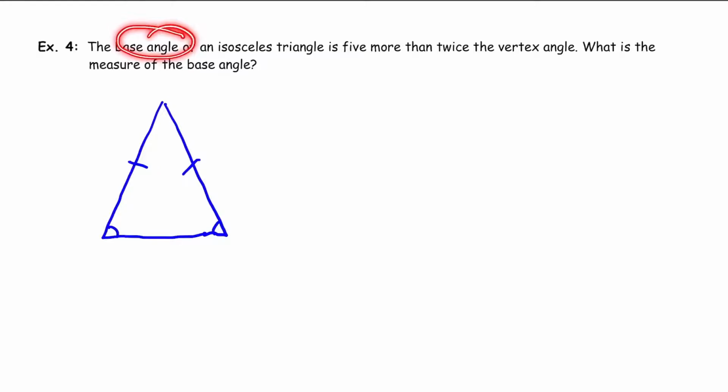So either the base angle or the vertex angle has got to be x. Well, the base angle is 5 more than twice this one, so the vertex angle is going to be x. 5 more than twice, so that's 2x plus 5. And remember what we said, these two are equal. So if I label this one 2x plus 5, I've got to label this one 2x plus 5.